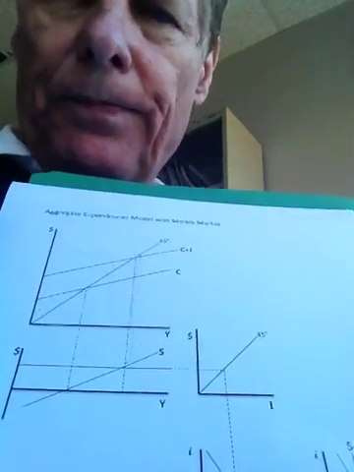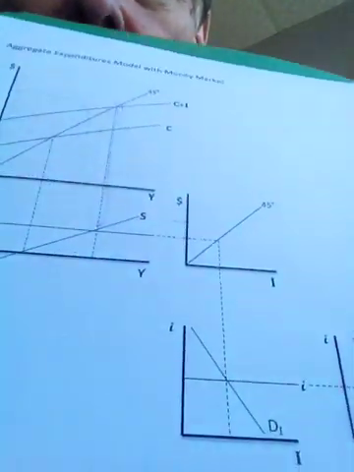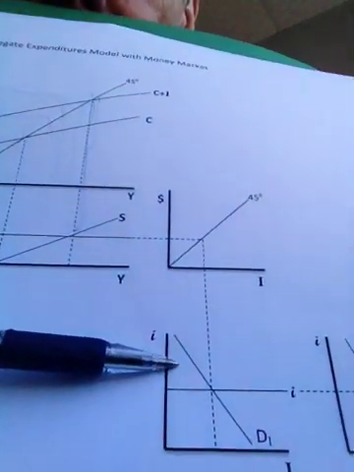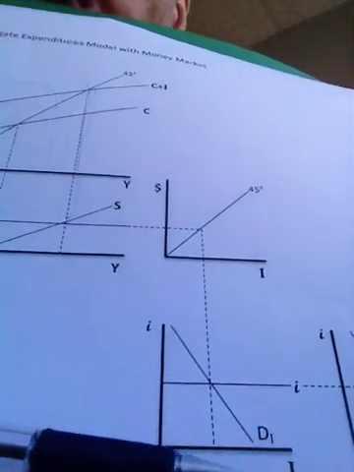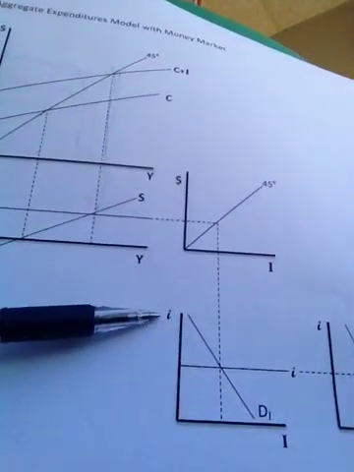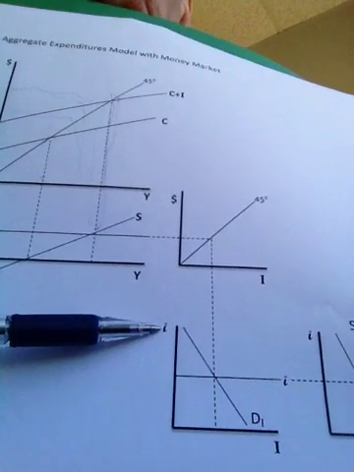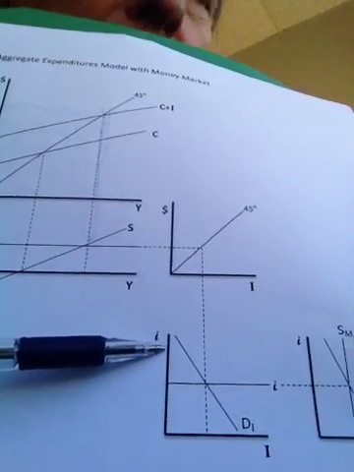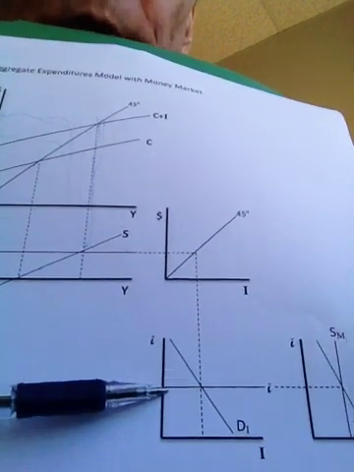That's just a review. Now, let's go down and look at this particular graph. Along this axis is investment. Along that axis is investment. That right there, a little i, represents the interest rate. Now, this is developed in Figure 12.1.